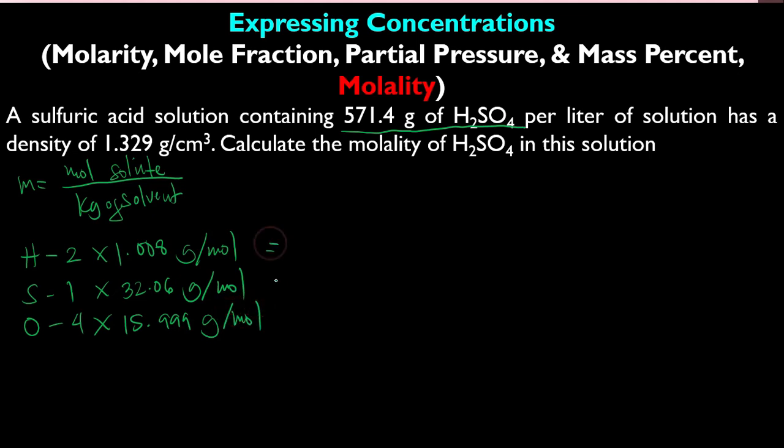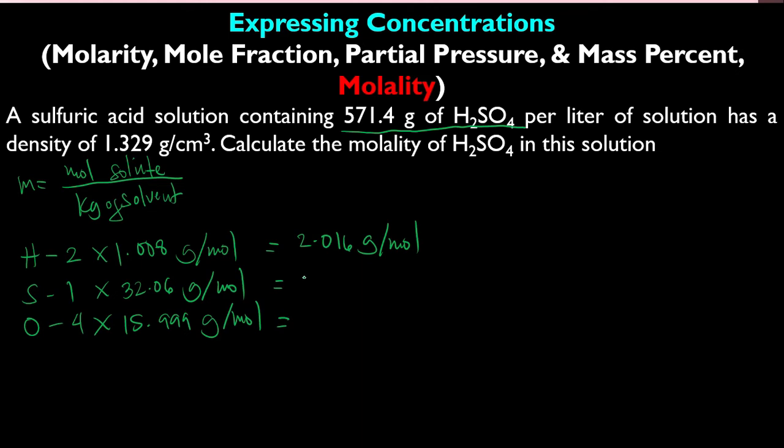So we multiply by 2, 1, or 4, because hydrogen has 2 atoms in dihydrogen sulfate, one atom of sulfur, and four atoms of oxygen as represented by the subscript. So 2 times 1.008 will be 2.016 grams per mole.